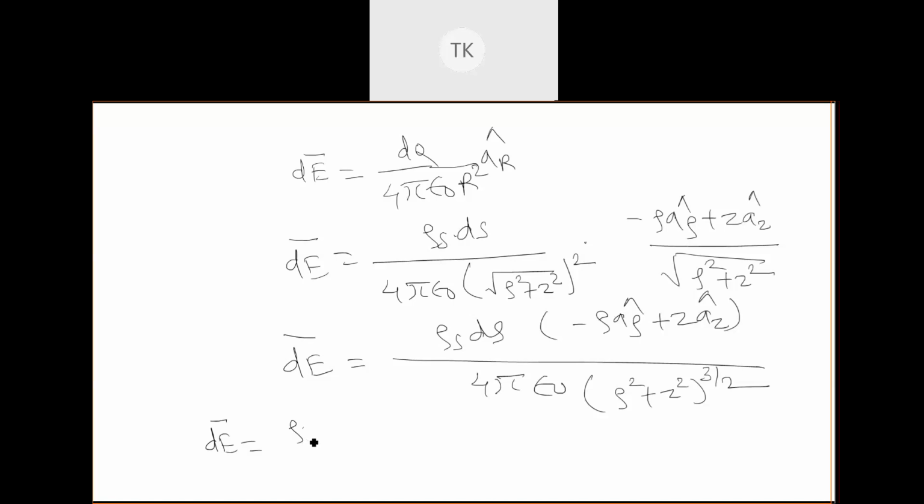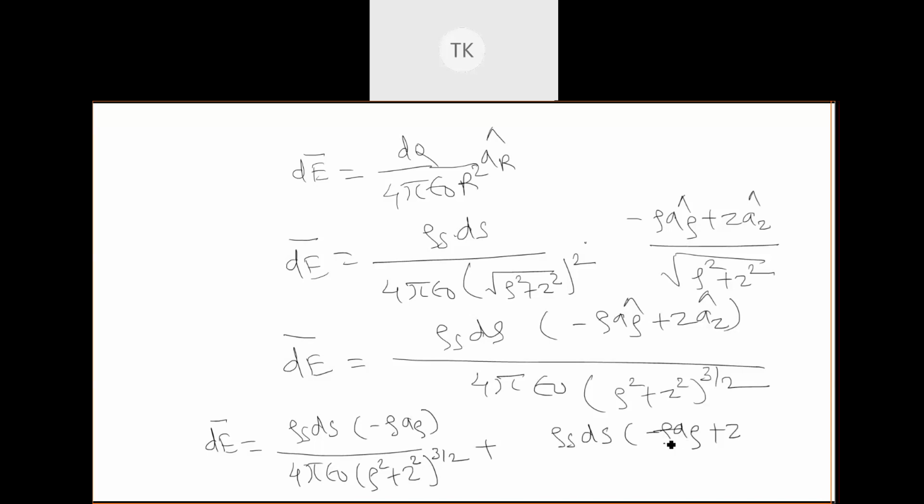The first term will be rho s ds into minus rho a rho divided by 4 pi epsilon 0 rho square plus z square raised to 3 by 2, and the second term will be rho s ds z az cap divided by 4 pi epsilon 0 rho square plus z square raised to 3 by 2. So the differential electric field intensity dE bar has two terms: the first in the direction of a rho and the second in the direction of z.